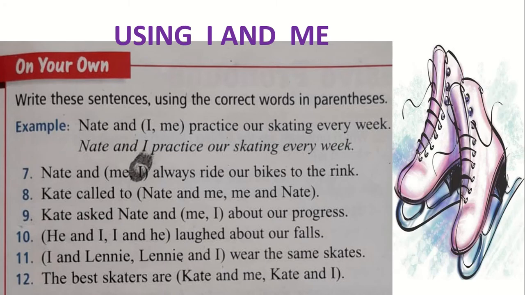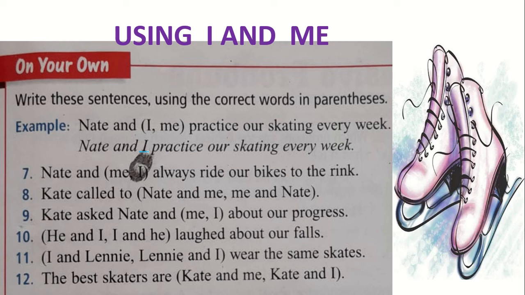Okay, let's do the next activity using I and me. Write these sentences using the correct word in parentheses. Nate and I, or Nate and me, practice skating every week. Now, because it's in the subject, we use I. Nate and I practice skating every week. Now, let's go to number 7.